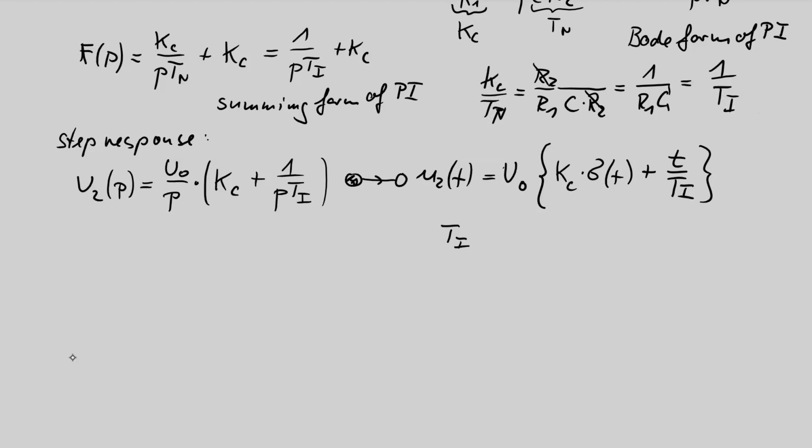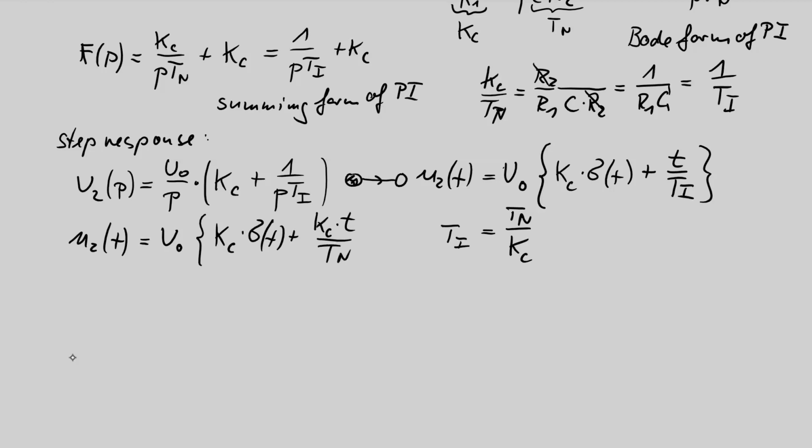If I solve this for Ti, the inverse is Tn divided by Kc, so that we can write the step response also with the following expression, now using Tn: U sub O times Kc times the step function plus Kc times T divided by Tn. So now I have replaced Ti with this, so the Tn is in the denominator and Kc is in the numerator.